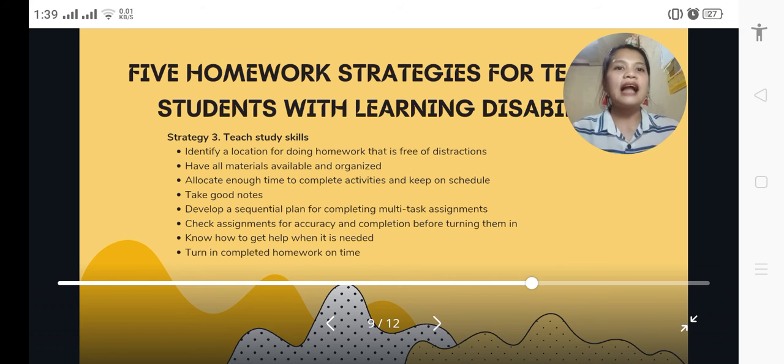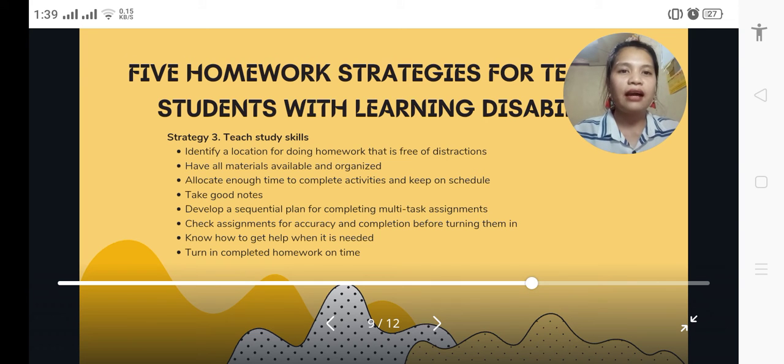Another one is allocate enough time to complete activities and keep on schedule. Another one we have is take good notes. We call these anecdotal records, the notes, to monitor the success and progress or the development of the child.